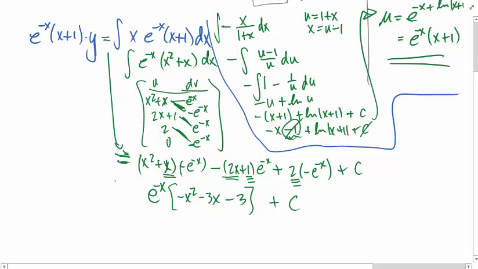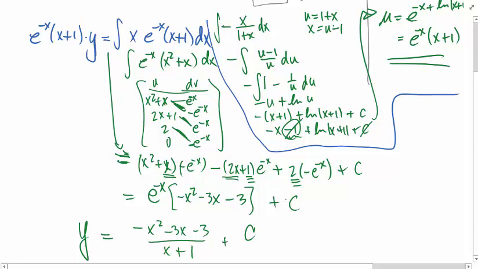So that's our right hand side, and now we continue and solve for y on the left hand side, so we have y as a function of x. And then we can now divide out this e to the negative x, so that's gone, and then we have, let's see, minus x squared minus 3x minus 3 divided by x plus 1, and then the c is the one that is going to take on all this other stuff.